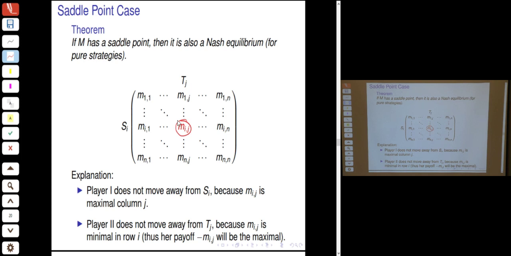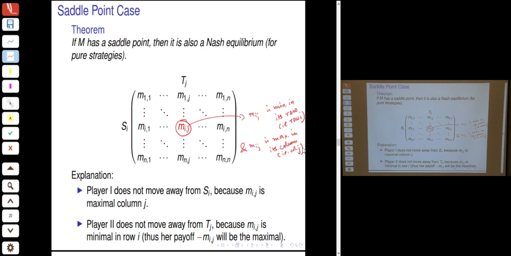It means that Mij is minimum in its row, that is row i, and Mij is maximum in its column, that is column j.